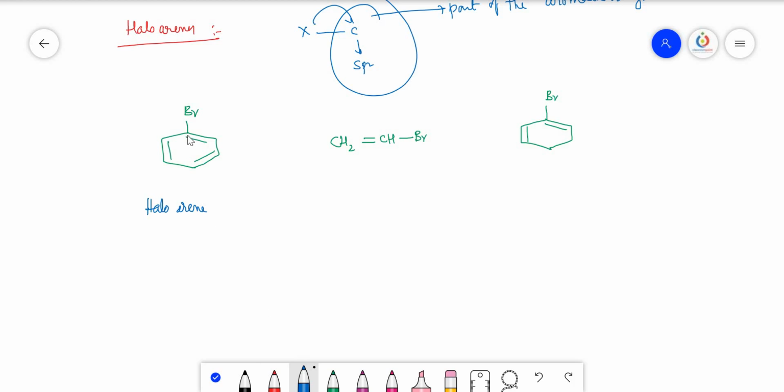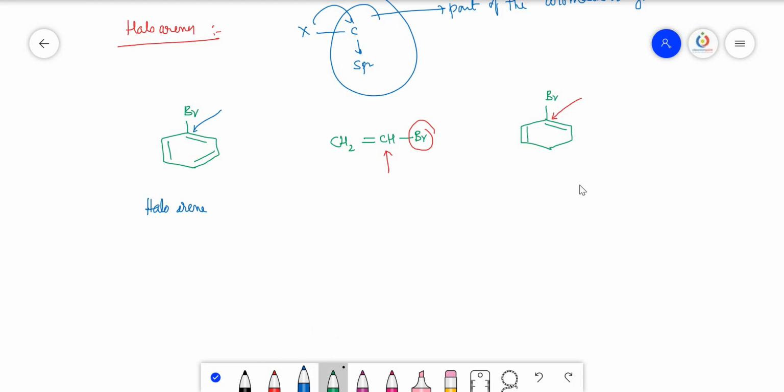Because here the halogen is bonded to the sp2 carbon atom which is part of the aromatic ring. But in this case, no doubt the halogen is connected to an sp2 carbon atom, but it is not part of the aromatic ring. And here also this halogen is connected to an sp2 carbon atom, but the compound is not an aromatic compound. So here this is the carbon which is not part of the aromatic ring.